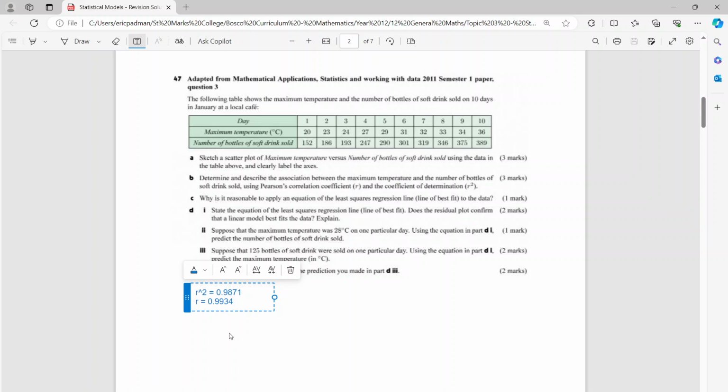Okay, so strong positive correlation. Okay, that's for B.